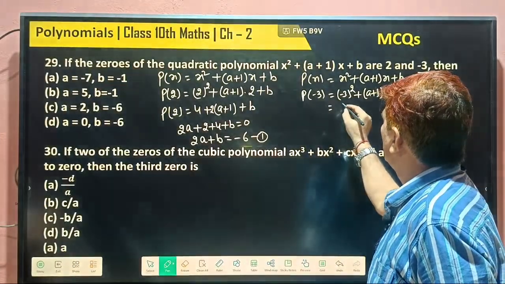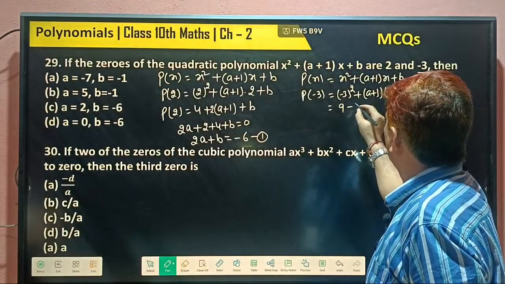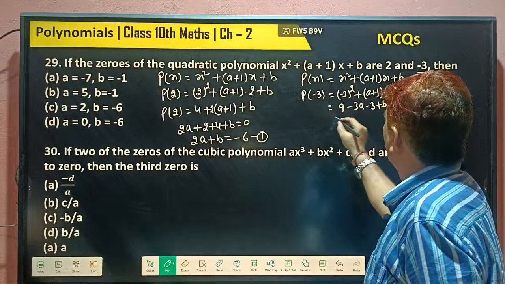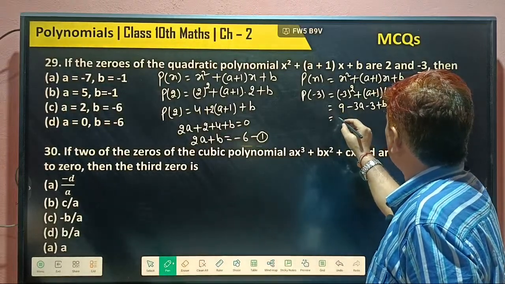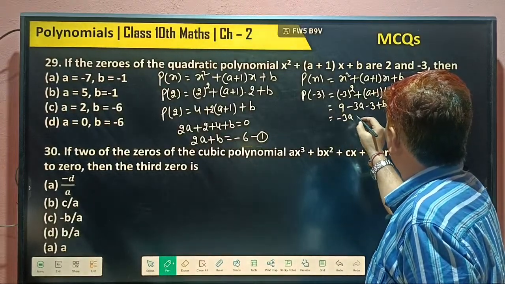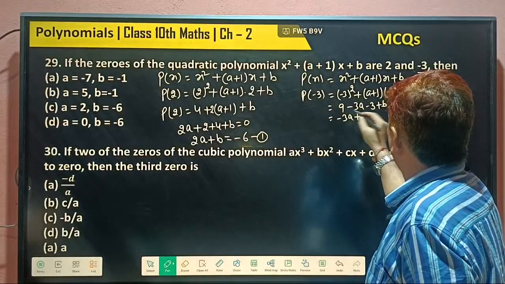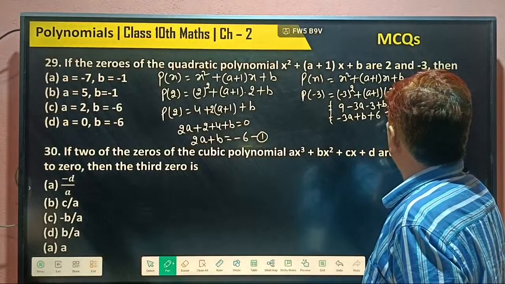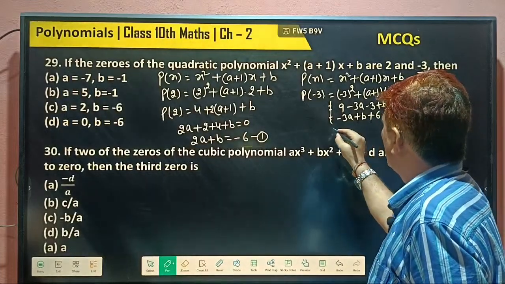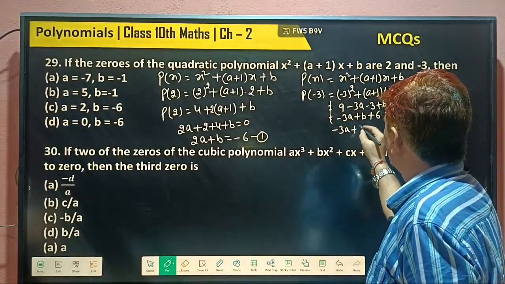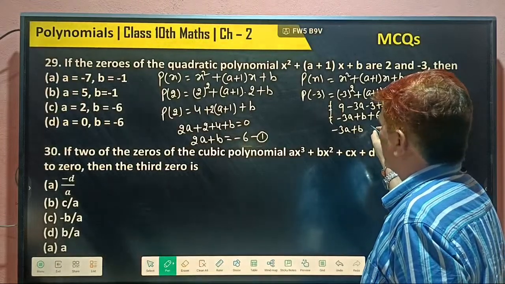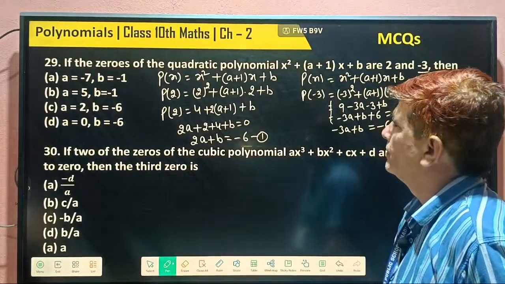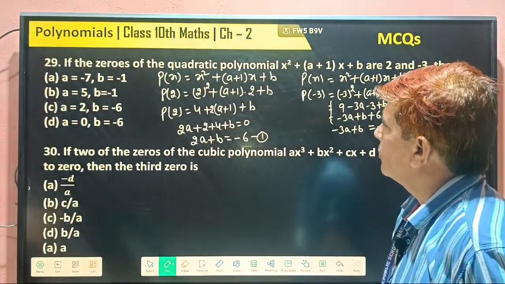So it becomes 9 minus 3a minus 3 plus b, which is minus 3a plus b plus 6. This is equal to 0, so minus 3a plus b equals minus 6. So let's find its solution.